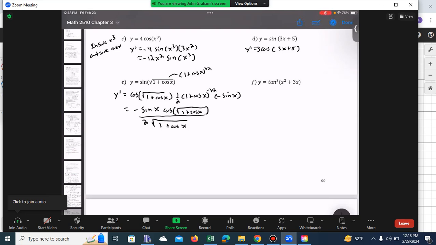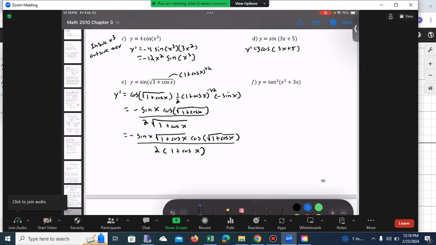You can rationalize the bottom, so we'll end up with negative sine x on top of the square root of 1 plus cosine x times cosine of the square root of 1 plus cosine x, all over 2 times 1 plus cosine x. Alright, that's probably as far as you can go with that.